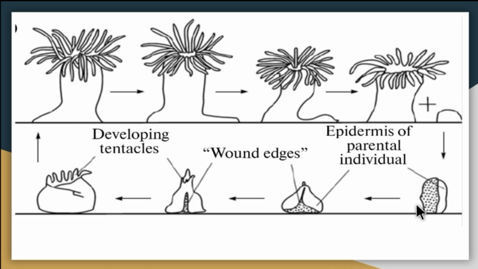Mesentery means internal part. And tentacles are forming. This is a new one. The best example for fragmentation. From a piece, it becomes a new sea anemone.